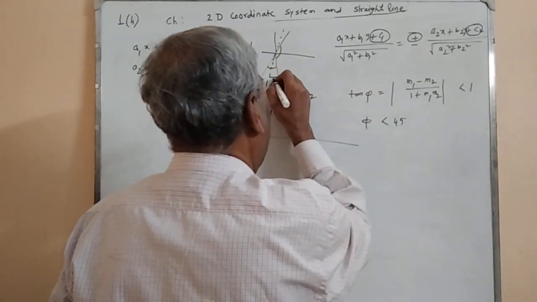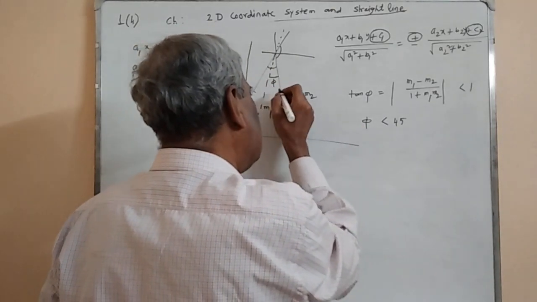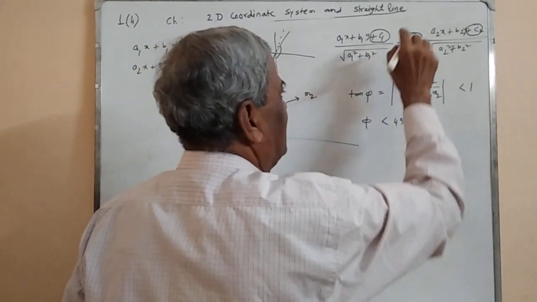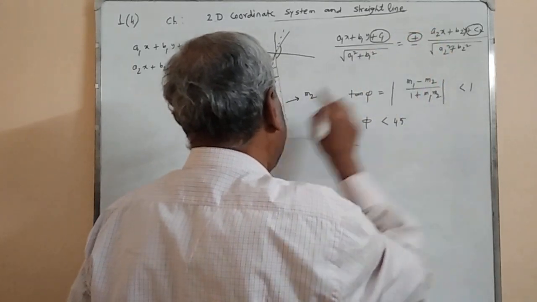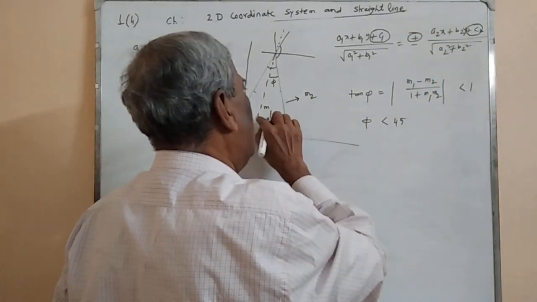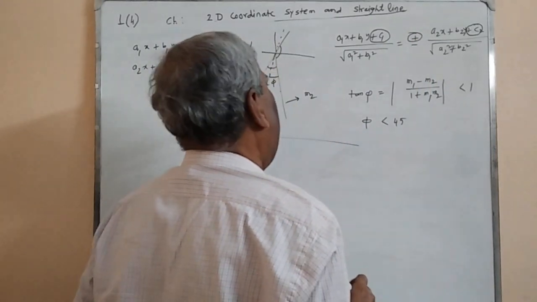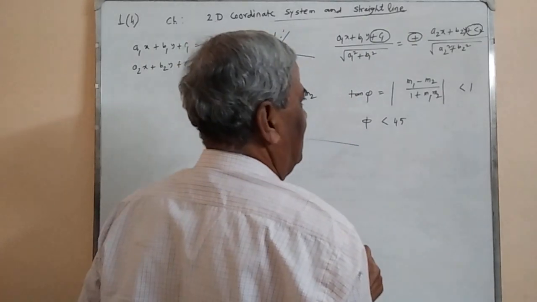Phi means that angle is less than 45 degrees. So the whole angle is less than 90 degrees. So the one corresponding to plus or minus that I have taken here, whose gradient is m1, this will be the gradient of the bisector of the acute angle.